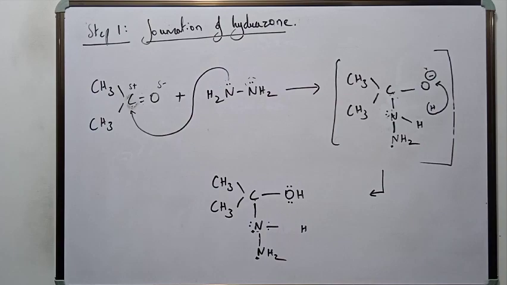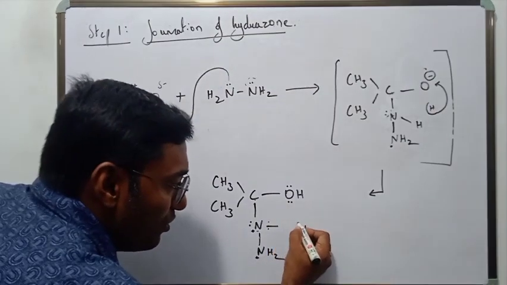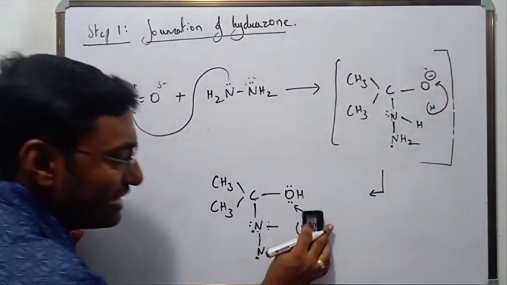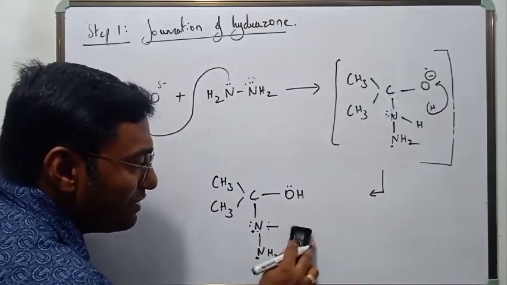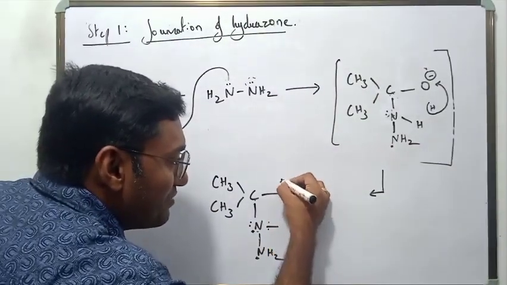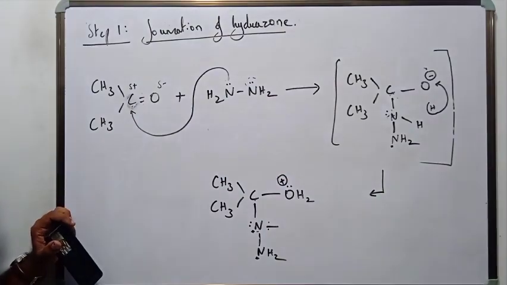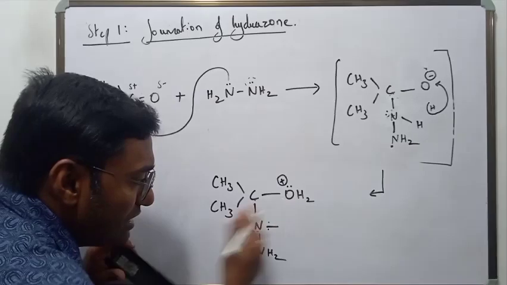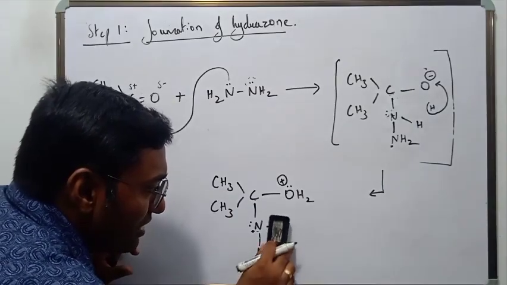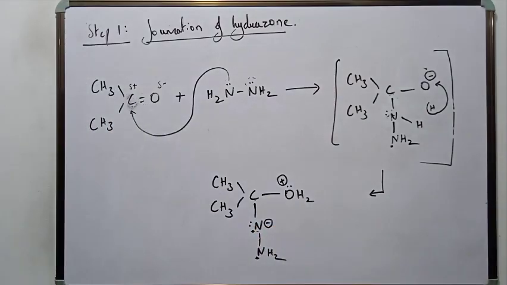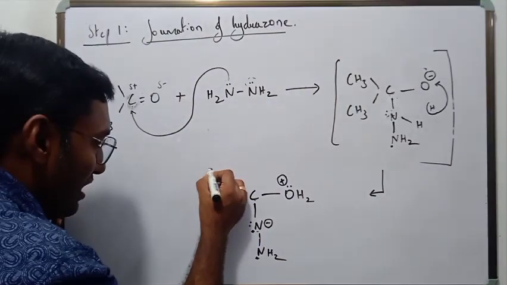Now this hydrogen has another option. It can go and attach to the lone pair of OH. When it attaches to the lone pair of OH, one of the lone pairs would be taken and O would become positive because one of its lone pairs is lost. When hydrogen went and attached to the lone pair of oxygen, the electron pair was left here, so that electron pair would come here. That would be the new structure. Now what can result?